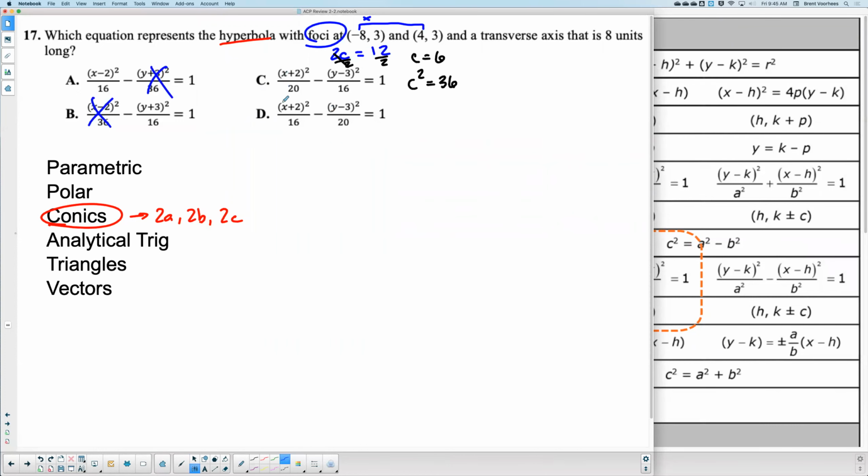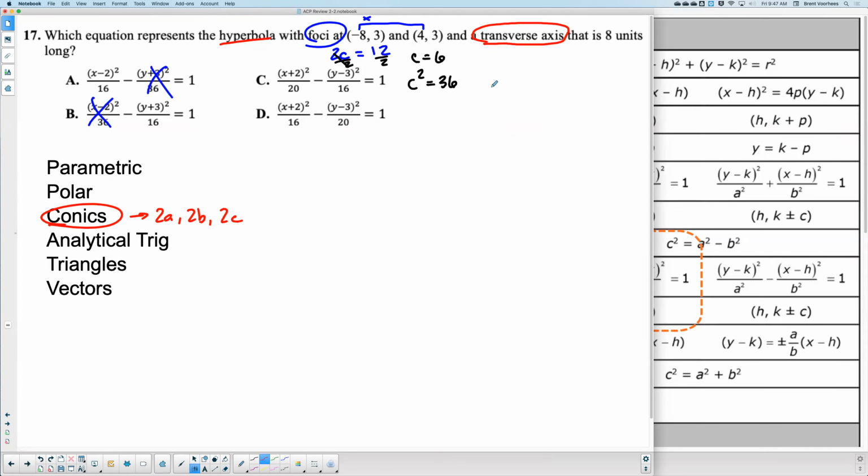It shows me that the x squared is going to be positive first. If we have all that, you could go off of this, the line, but these both have the line on them that shows the y as being +3 and it has y -3. So can't solve the question there. So I need to move on. It says the transverse axis is 8 units. What is transverse? 2A, 2B, 2C. 3, 2, 1.